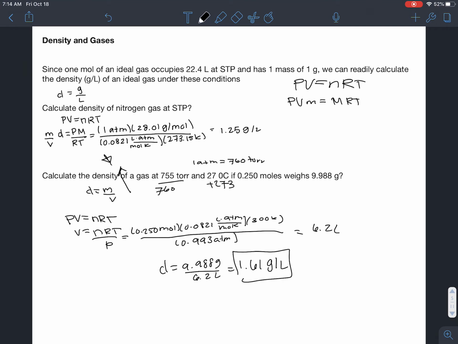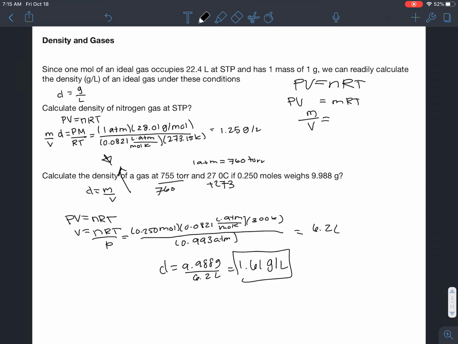So what happens then is you will get that the density, which is the mass over the volume, will then equal the pressure times M, and I should say that these are flipped.